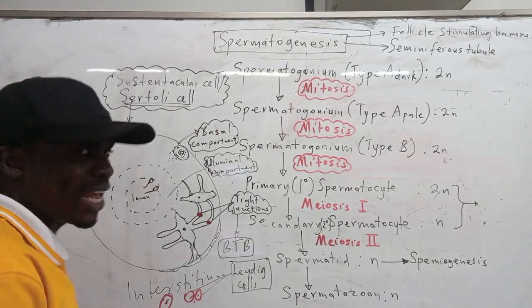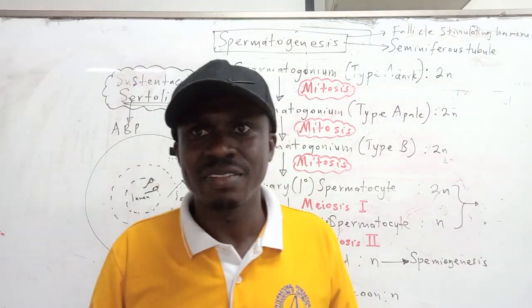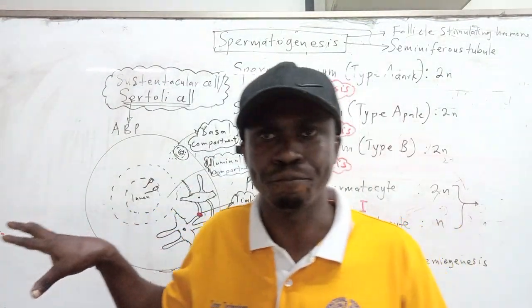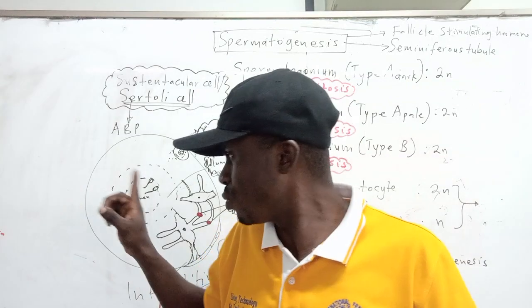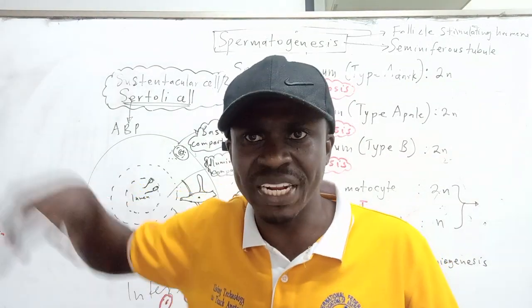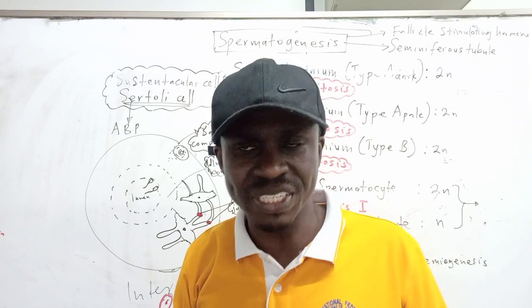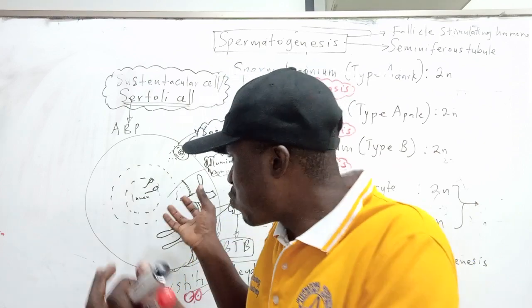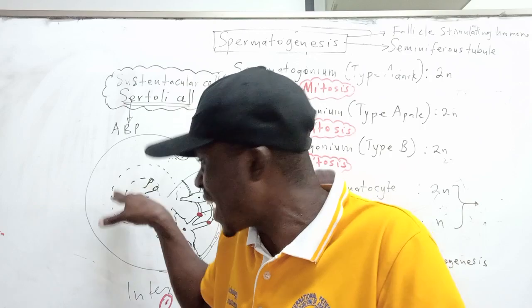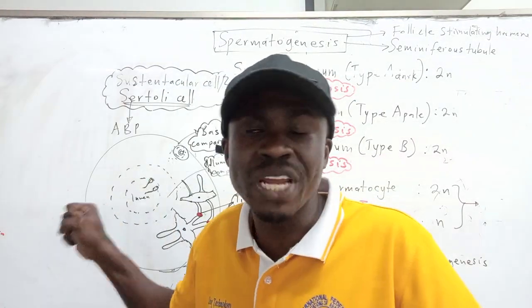My friends, that's not where they are supposed to be. They are not destined to hang in there. They are supposed to leave, go to the epididymis for storage, for maturation, and all that. For this reason, they have to be pulled. So the high concentration of testosterone inside the lumen will pull them over there.